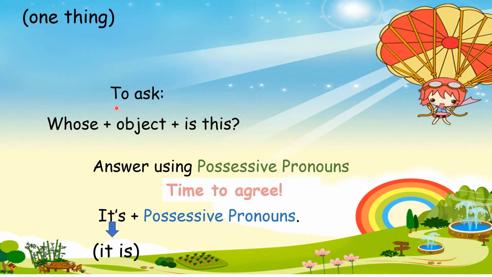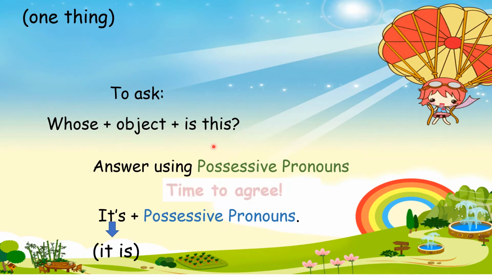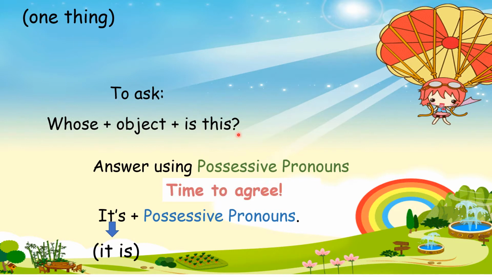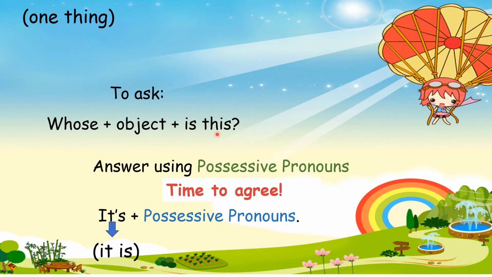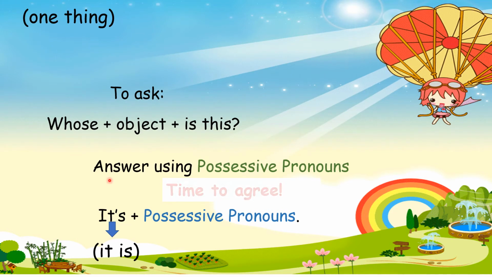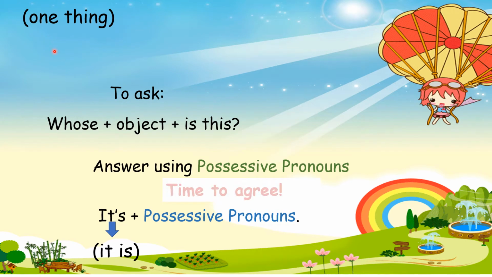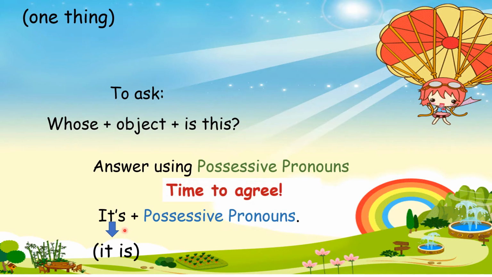So when asking questions, we will ask about one object and we will use the phrase "is this." When you see this phrase, it is asking about one thing only. And then to answer the question for one thing only, we use the word "it's."